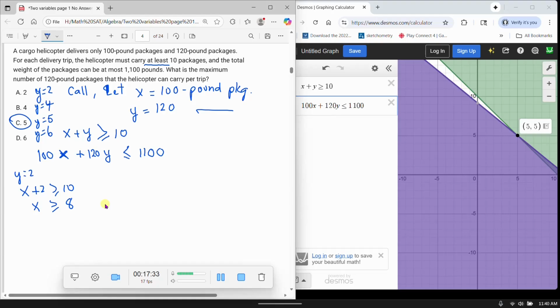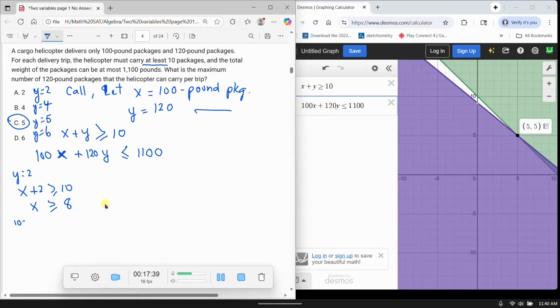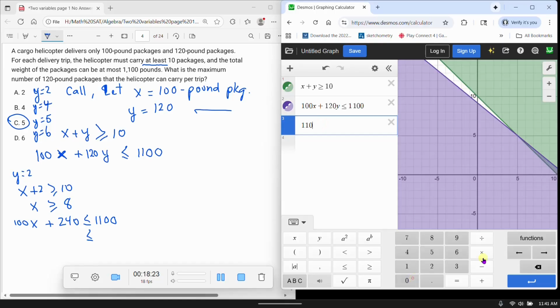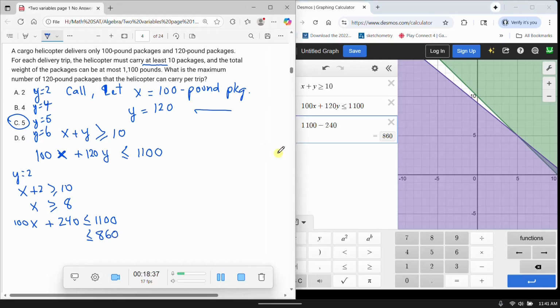Now on the bottom, if y equal to 2, we would get 100x plus 240, because 120 times 2 is 240, less than 1100. So we minus 240, so 1100 minus 240 is 860.